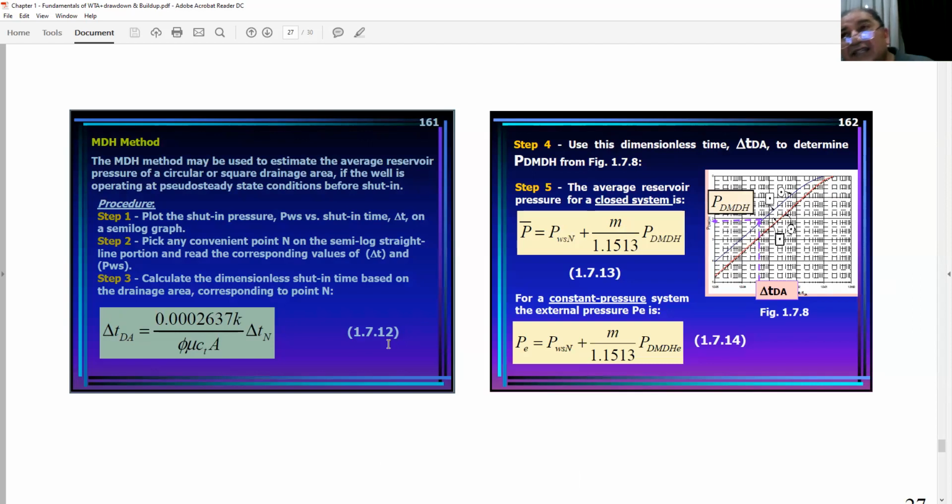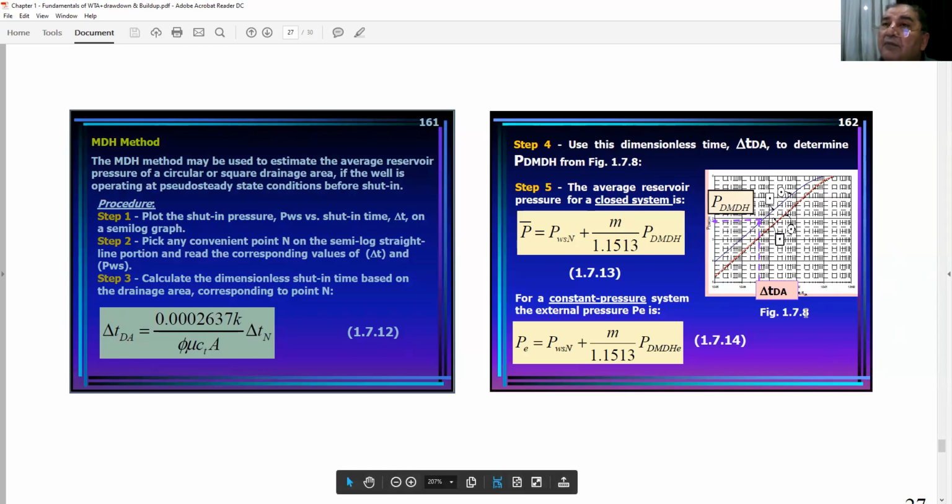From the calculated delta TDA, you use figure 178 based on the condition of the reservoir. If you have a closed reservoir, circular or square, get the value of PDMDH. If you have a strong water aquifer, you use the second, lower line.